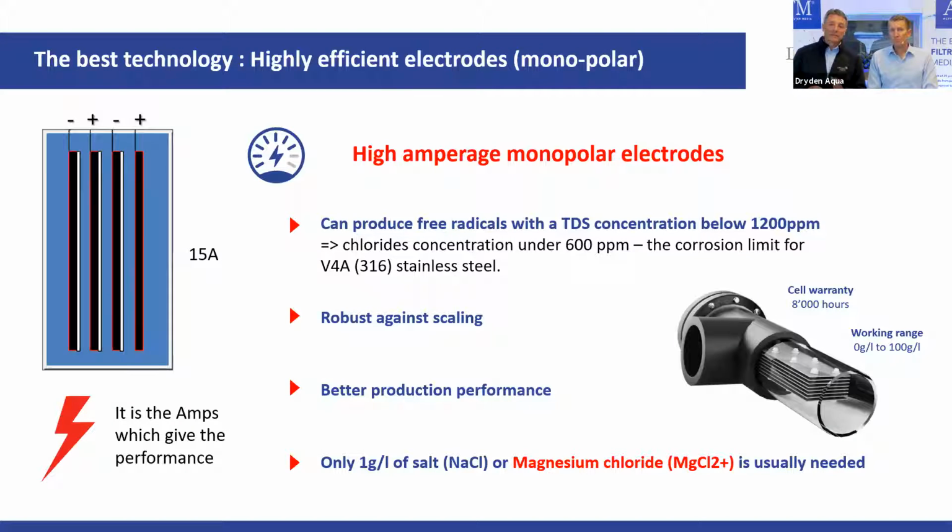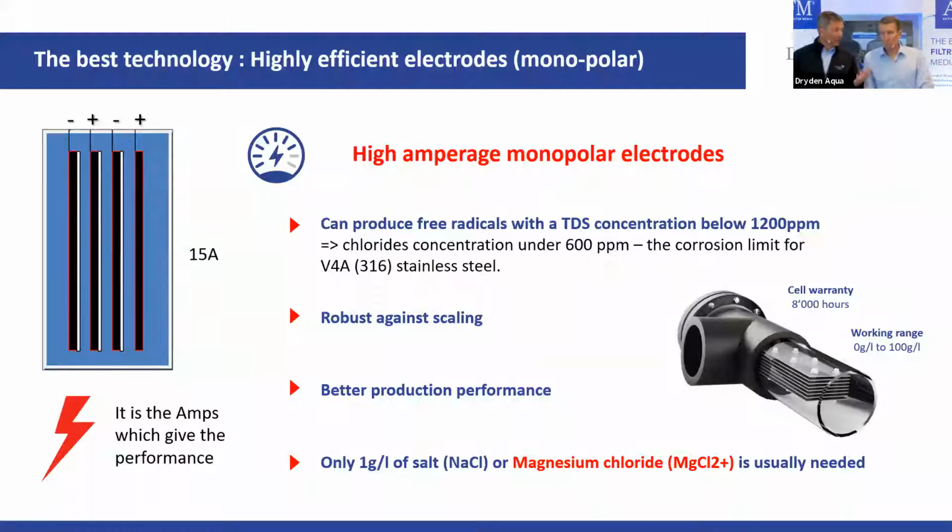By doing this, they also found out this has another advantage. It's not just more robust against scaling, it can also work at very different salinity. It can work actually with 0 salt. Okay, then you're not producing any chlorine. You can work between 0 to 100 grams of salt per liter.